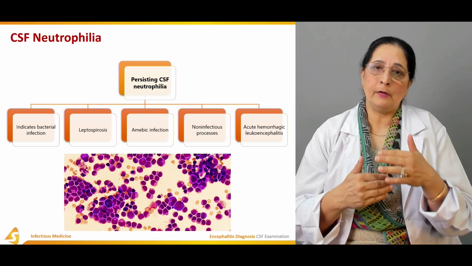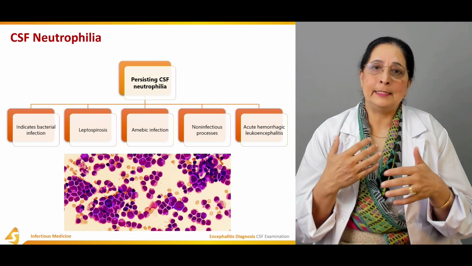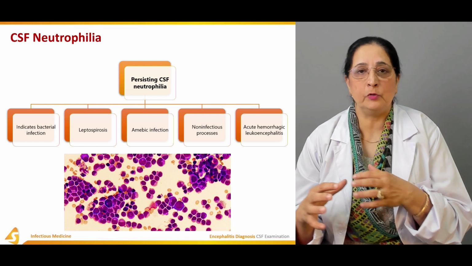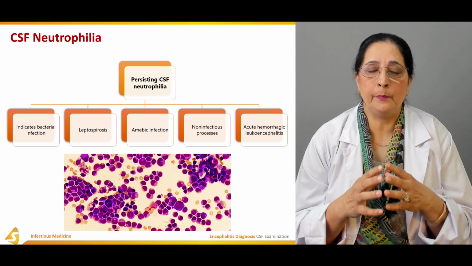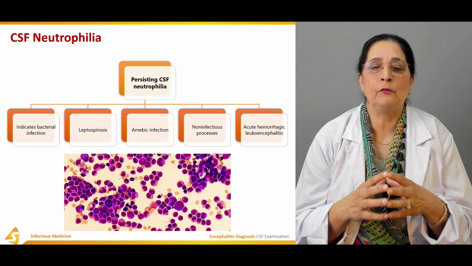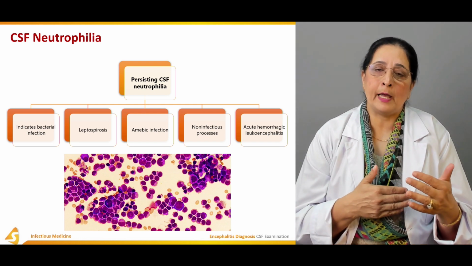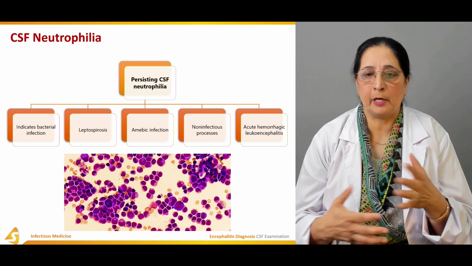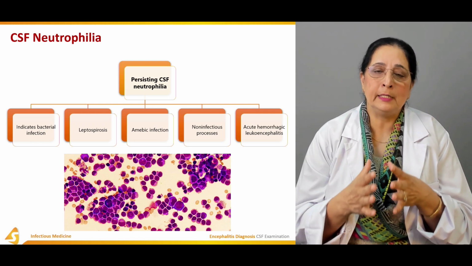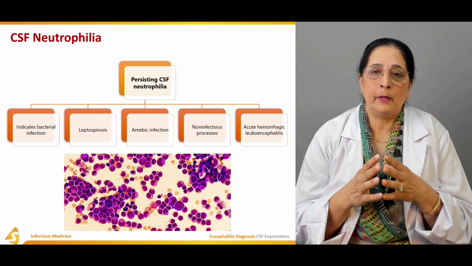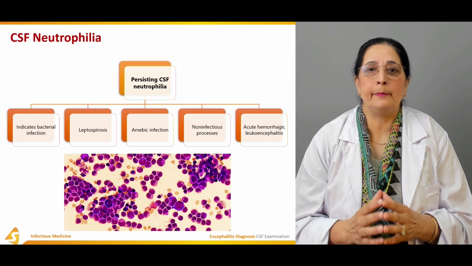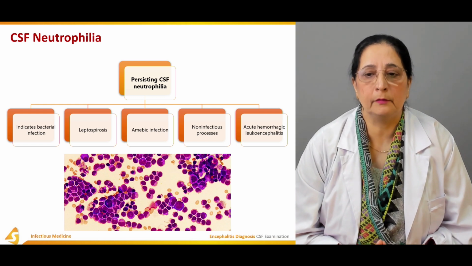So we now know CSF examination is very helpful in the diagnosis of which virus is involved, or whether it is viral or bacterial or leptospirosis or amoebic. So it tells us the causative agent if we do the examination of cerebrospinal fluid.